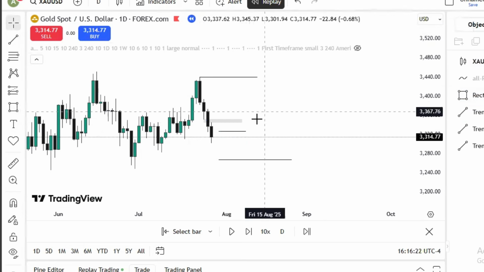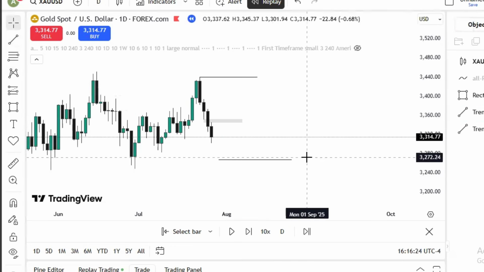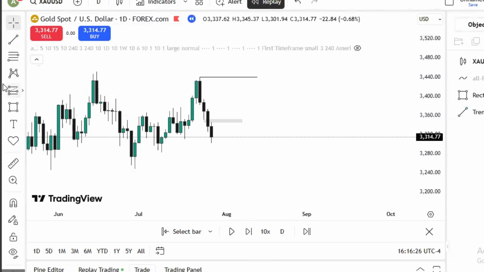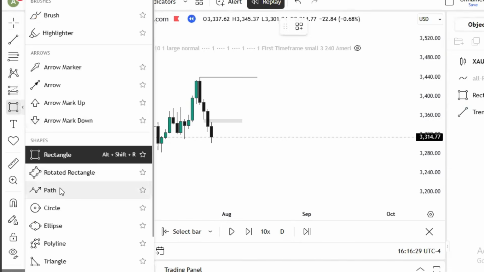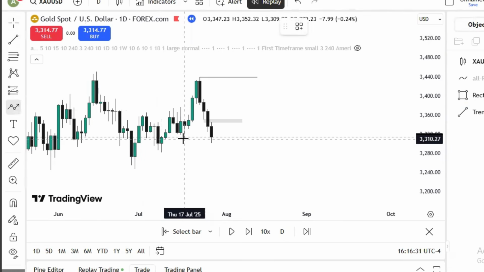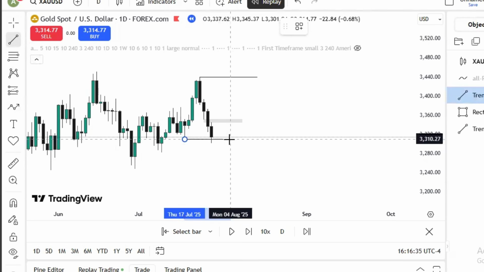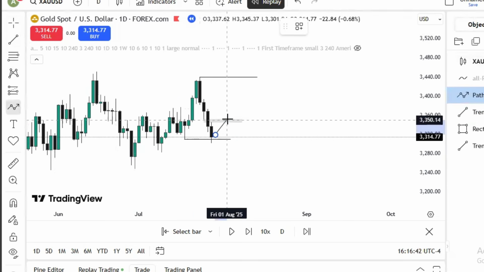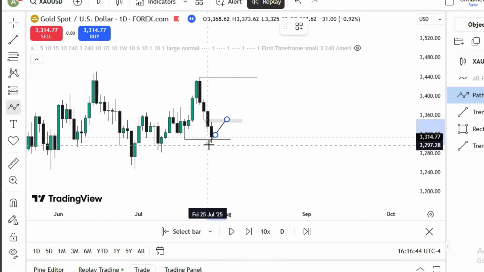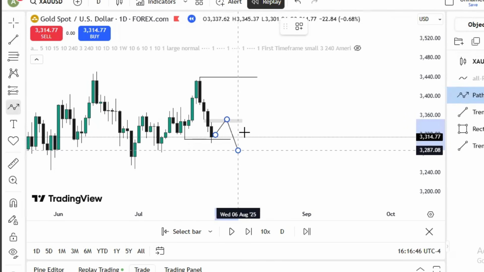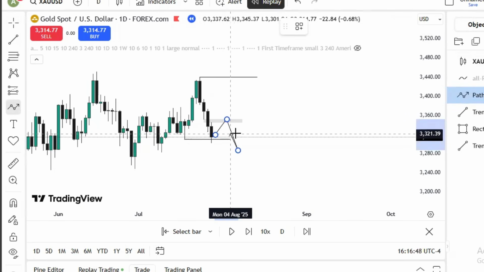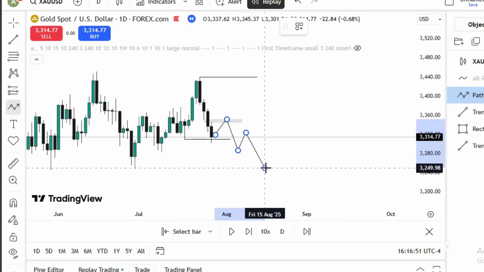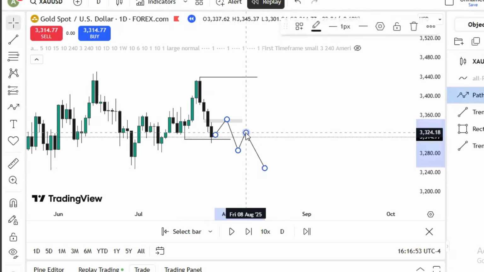We expect it to come and raid this external range liquidity that is over here, and then come to this internal range liquidity. And then come down to raid the next external range liquidity, come to another internal range liquidity that will be in this leg, and then continue in that order, if the market really wants to go bearish.